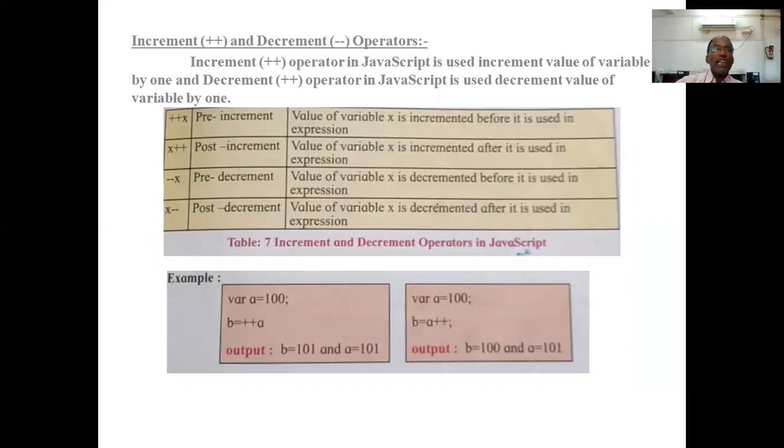So we will go for the next operator, that is increment and decrement operator. Increment and decrement operators: plus plus is the increment operator and minus minus is the decrement operator.